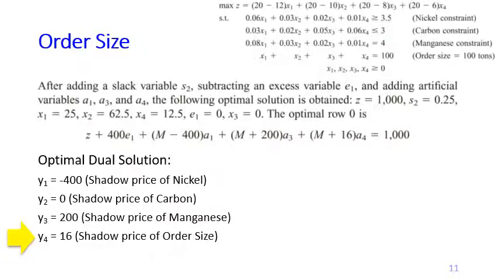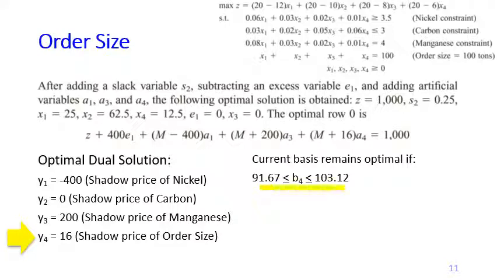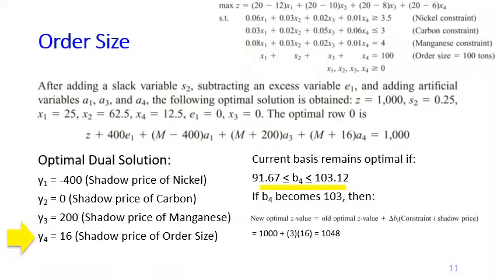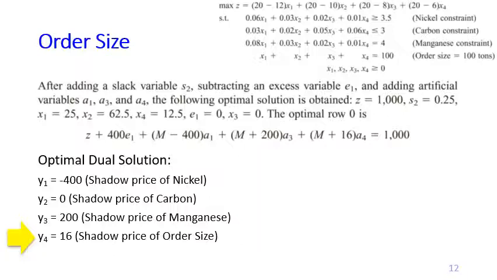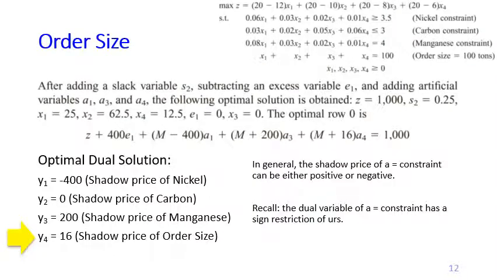Finally, for the order size constraint, the current basis remains optimal between these values. So if the order increases from 100 to become 103, the Z value increases as well to become 1048.